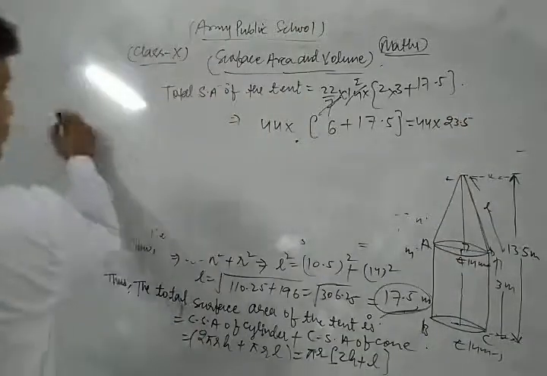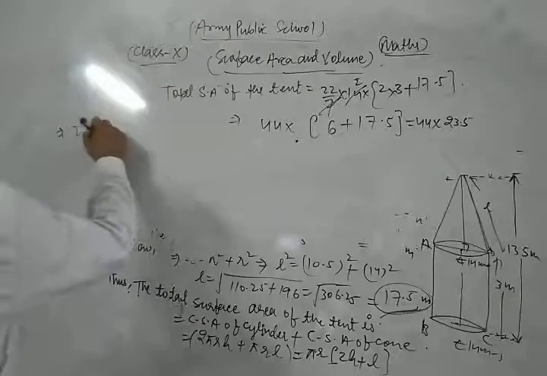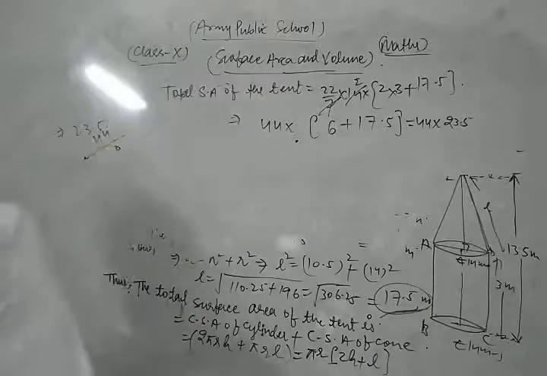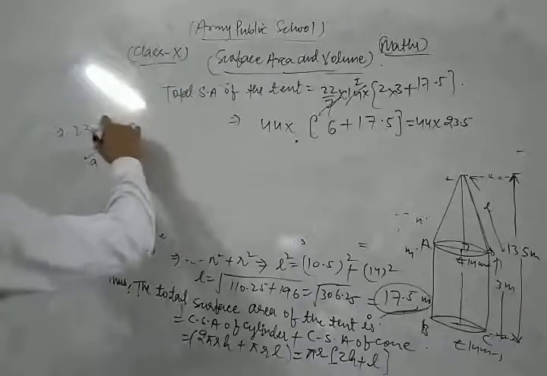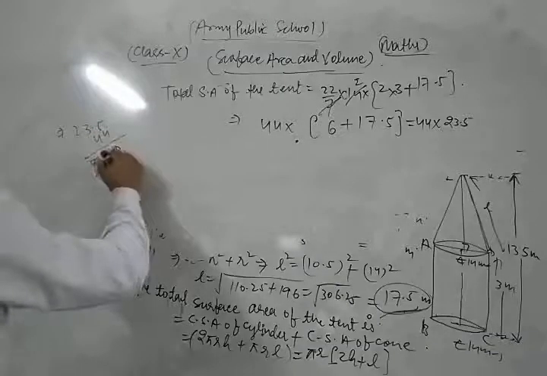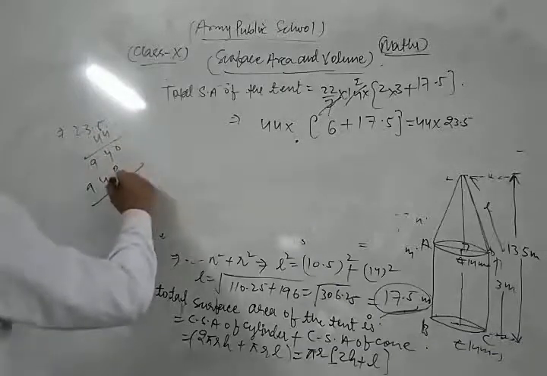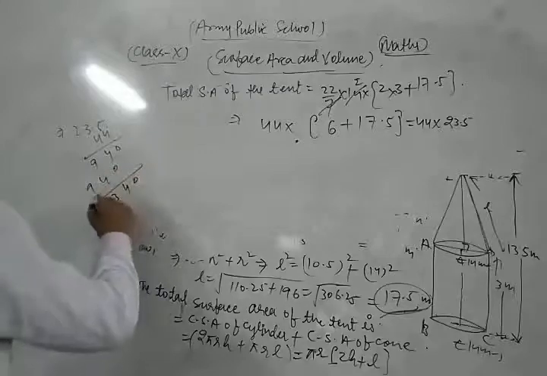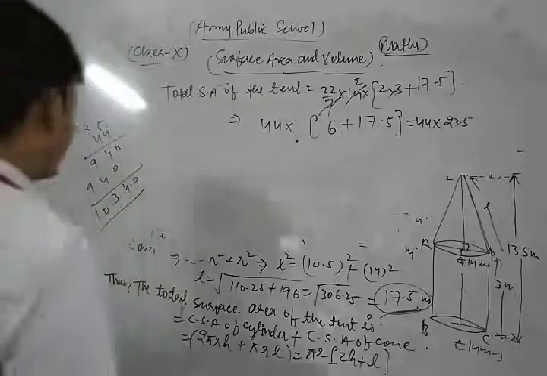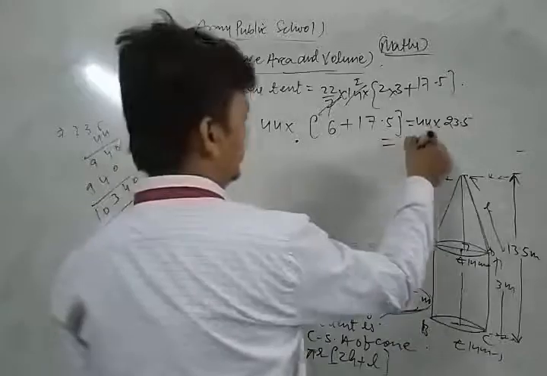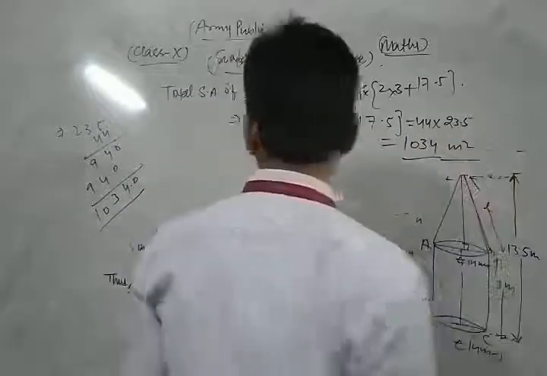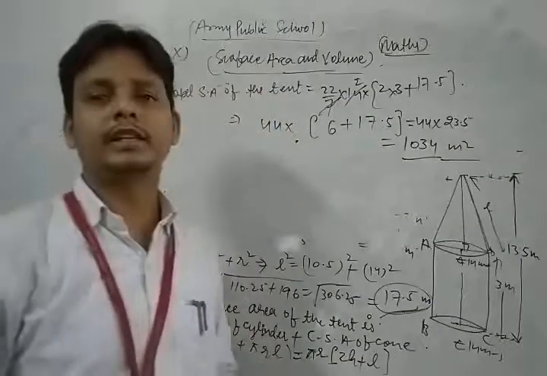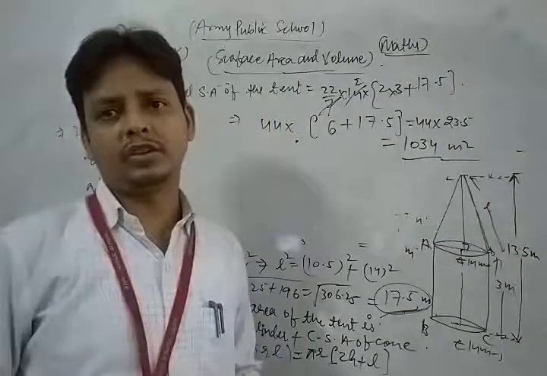Now we multiply them: 23.5 multiplied by 44 is 1034. So 1034 meter square is the total surface area of the tent.